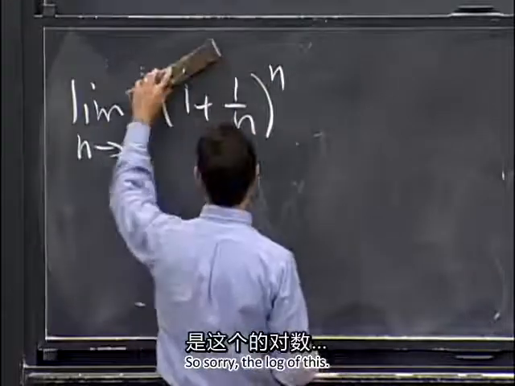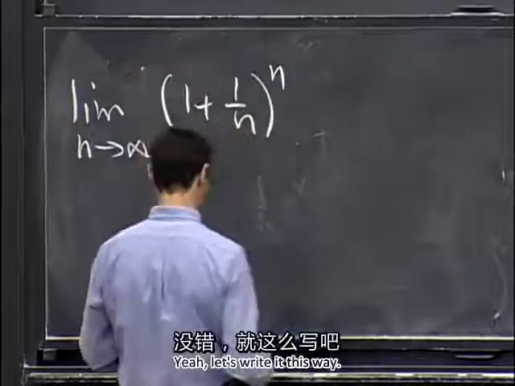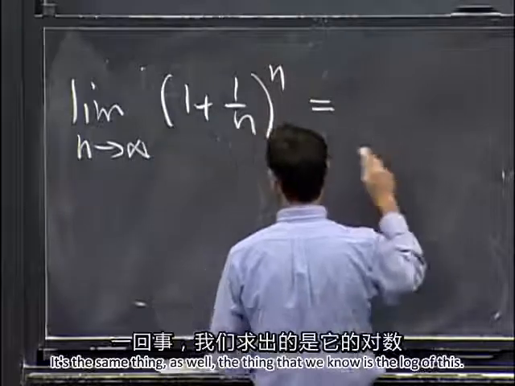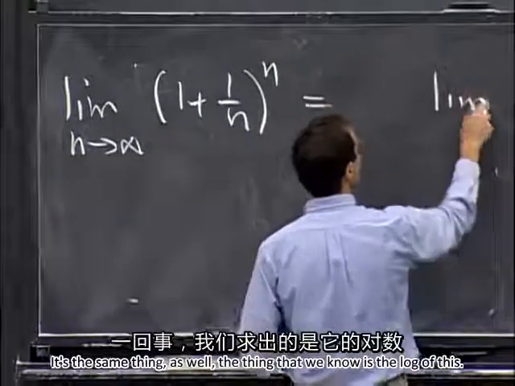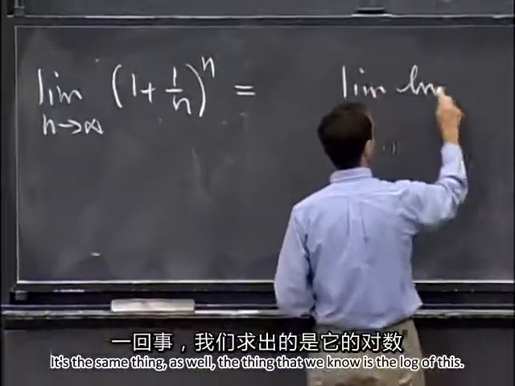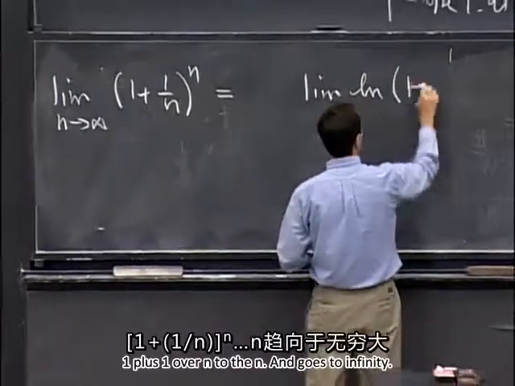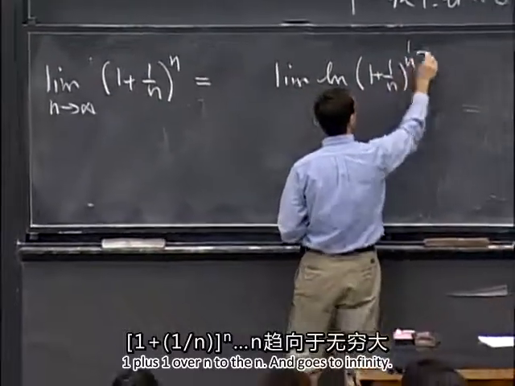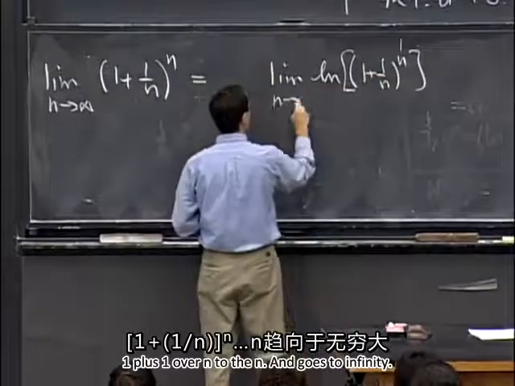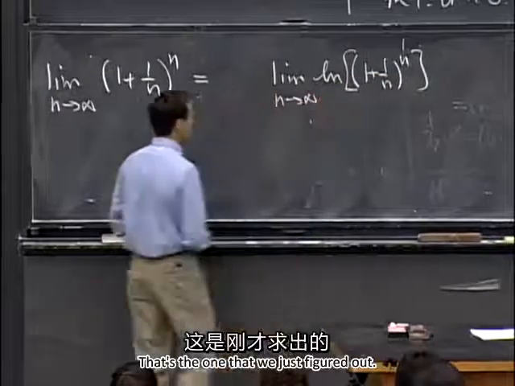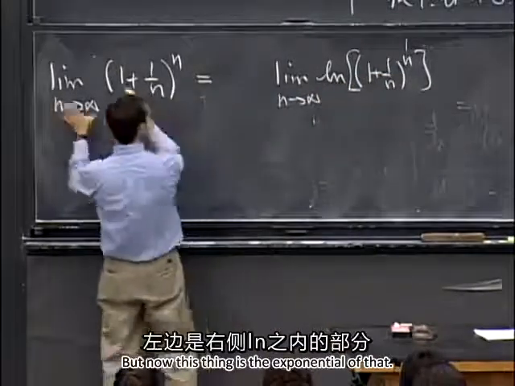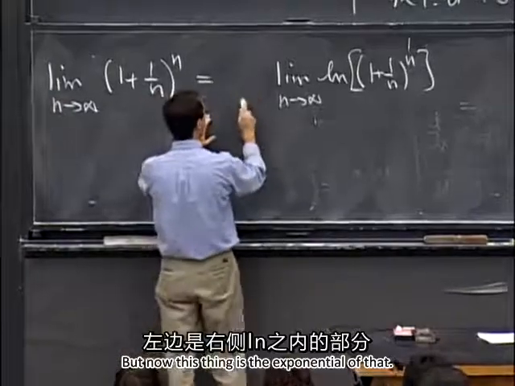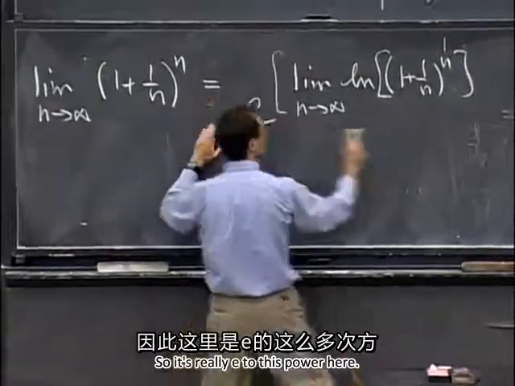So sorry, the log of this. Yeah, let's write it this way. The thing that we know is the log of (1 + 1/n)^n as n goes to infinity. That's the one that we just figured out. But now this thing is the exponential of that. So it's really e to this power here.